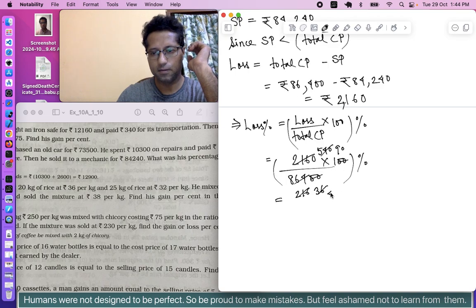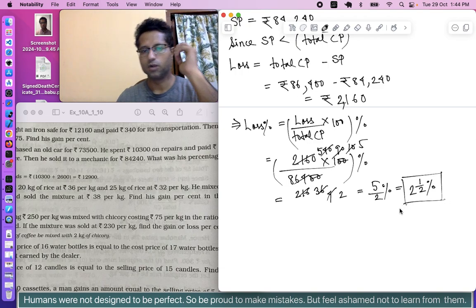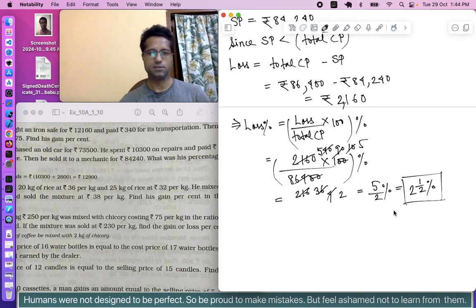This is equal to 5 by 2%, which is equal to 2.5%. So there was a loss of 2.5%.